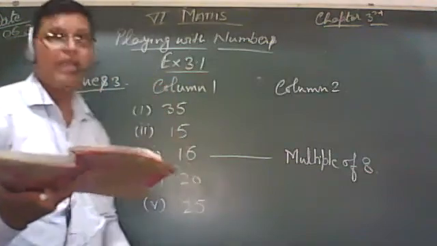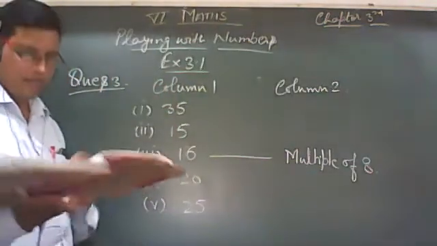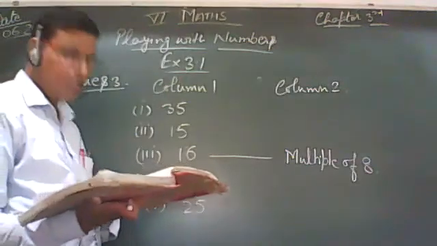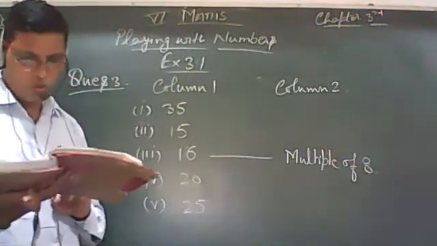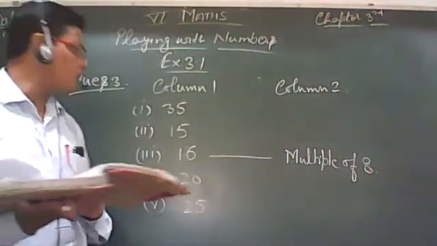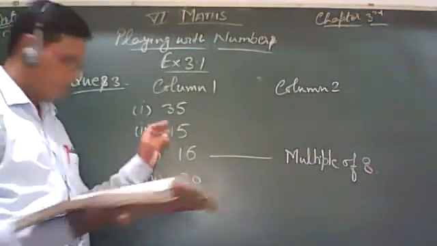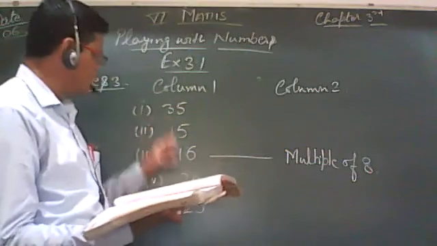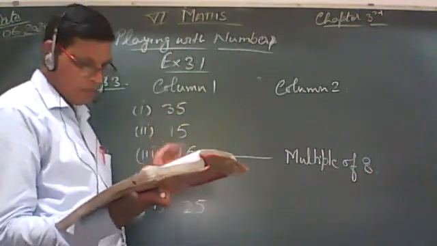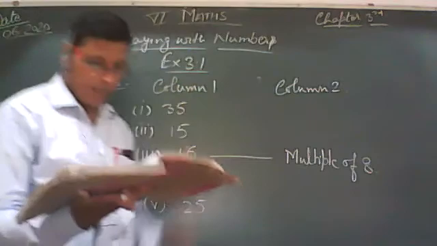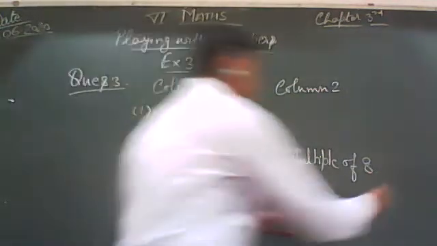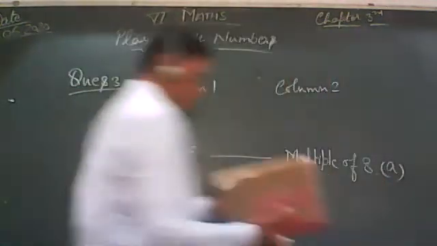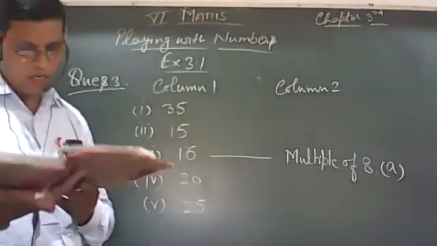Now 15 and the D part of column 2, factor of 30. Now look here, the B part in column 2 is multiple of 7.